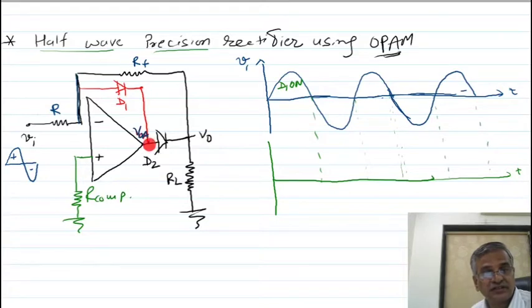Minus 0.6 here. This is the voltage drop across the diode, 0.6. So at this point the voltage is minus 0.6. As a result, diode D2 does not conduct. During the positive half, D1 conducts and D2 does not conduct. The reason is that the voltage VOA due to the conduction of D1 is minus 0.6.